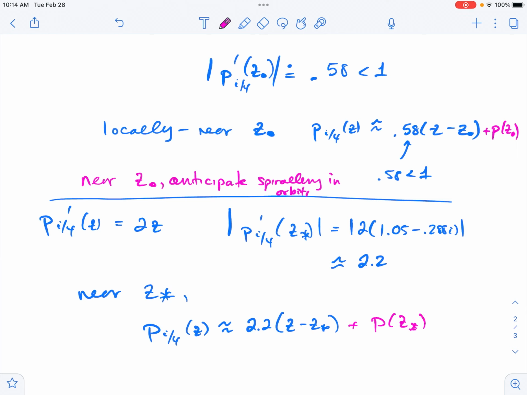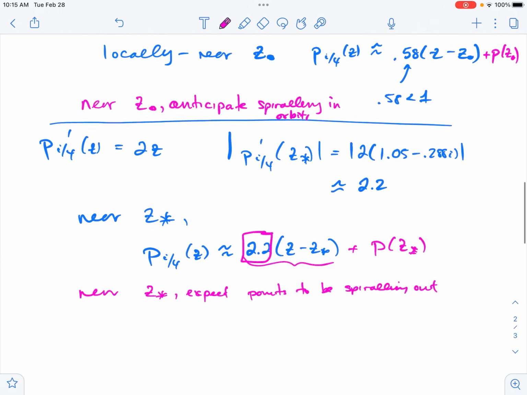But remember, what's controlling the behavior at that point is this chunk right here, which tells you that since the derivative is bigger than 1, points should be pushed away. So near z star, we should expect points to be spiraling out or pushed away.